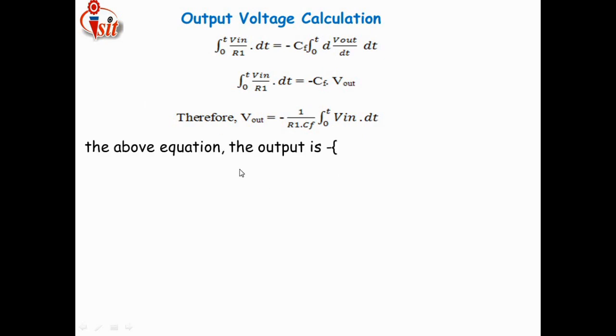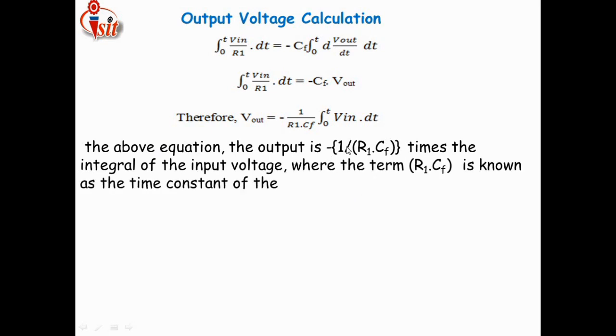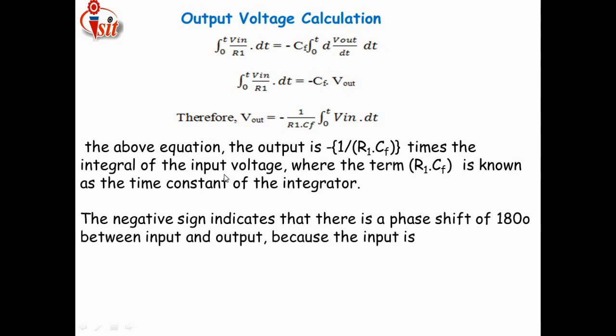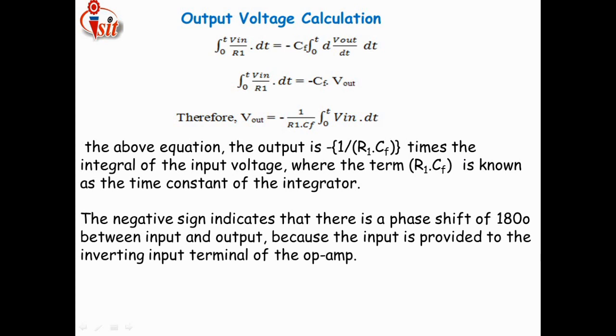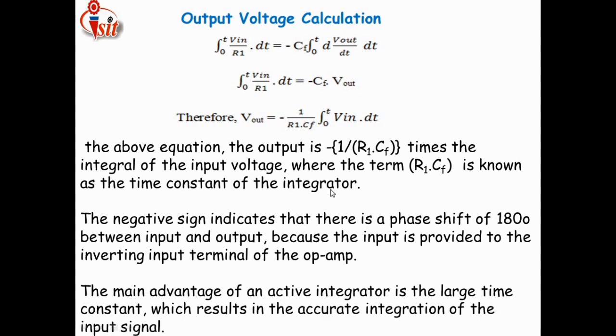What does the above equation show? The output is minus 1 divided by R1 Cf, times the integral of the input voltage, where the term R1 Cf is known as the time constant of the integrator. The negative sign indicates something: remember that in our previous integrator diagram, we applied the input voltage to the negative terminal of the op-amp.